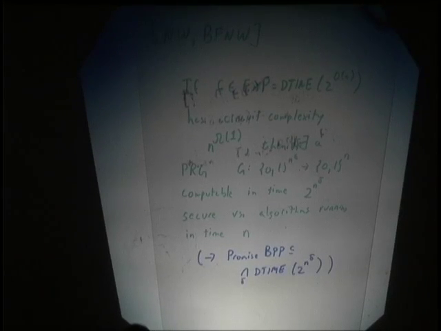that stretches n to the epsilon bits into n bits that fools any time n algorithm. And the pseudo-random generator isn't computable in polynomial time, it's computable in 2 to the n to the epsilon time.